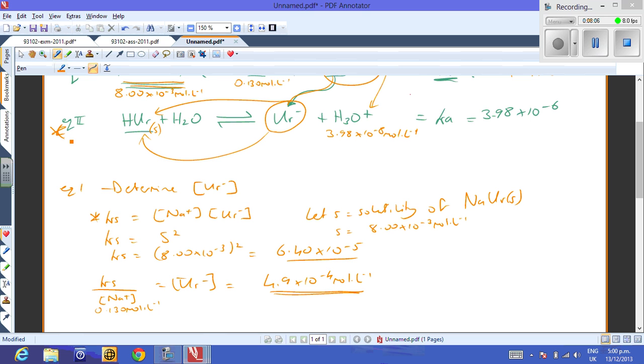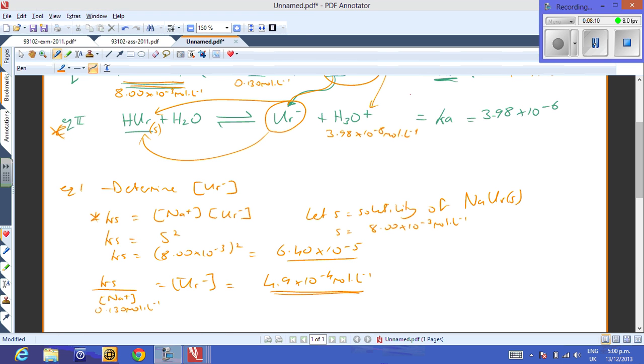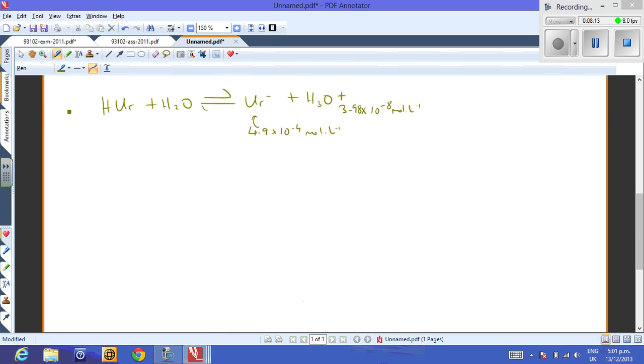I'm just going to rewrite it on another page and use the numbers that we've just determined. Okay, so using equation 2 here for the dissociation of uric acid in water, we now are using our concentration of urate ions, which are present at this particular pH and amount of sodium ions. We get 4.9 by 10 to the minus 4 moles per liter.